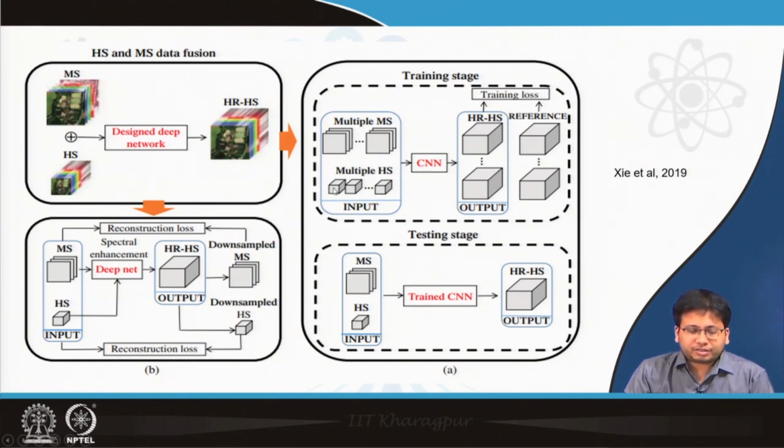Each of these is a low resolution image, as indicated by the small size, but it also has a long depth, which indicates that the same thing is captured at a large number of wavelengths, which means that instead of 3 or 4 channels, this has several hundred channels and so on.